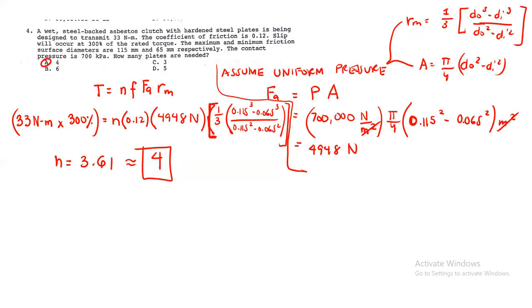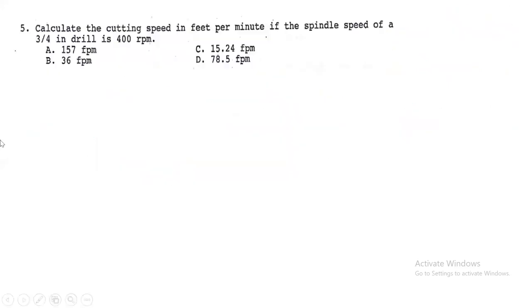So next, problem number 5: calculate the cutting speed in feet per minute if the spindle speed of a 3/4 inch drill is 400 RPM. So cutting speed is equal to pi D N. So ganyan lang siya guys.